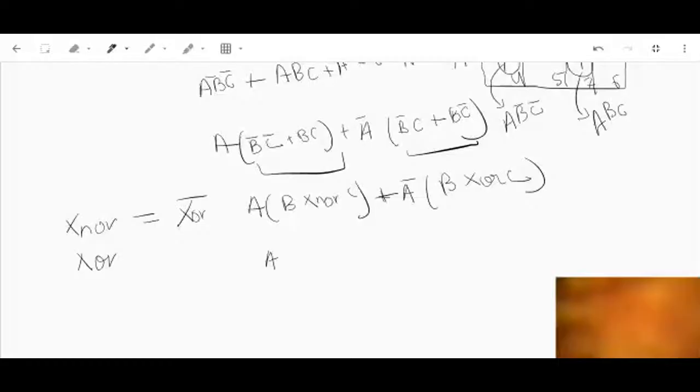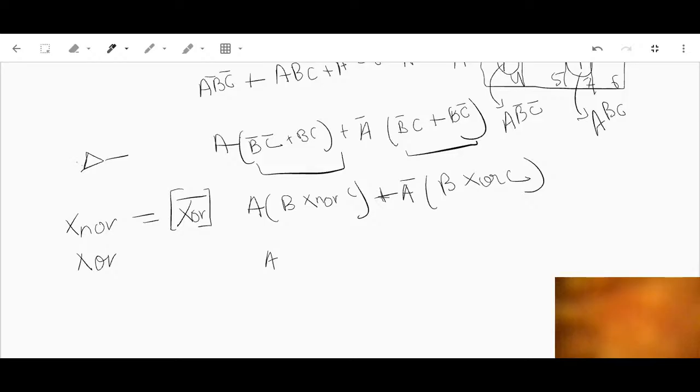This is also called XNOR. How? Because this is called NOT gate.